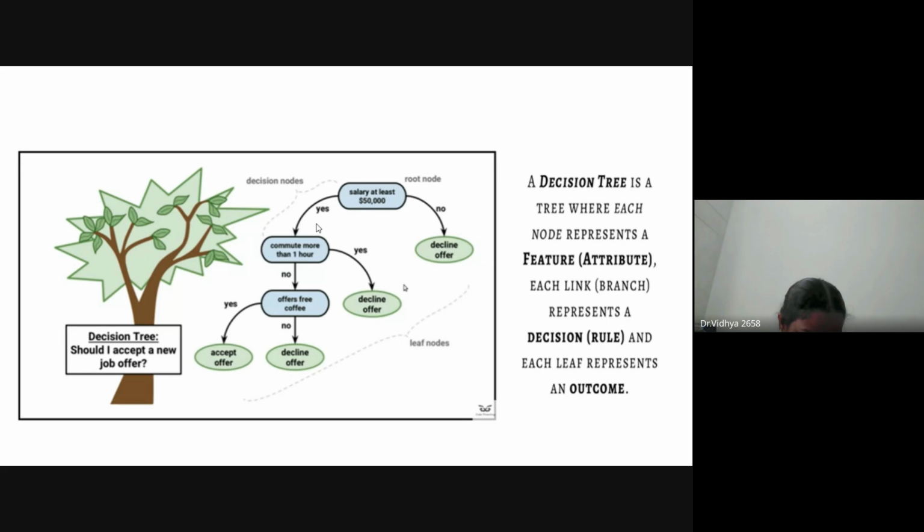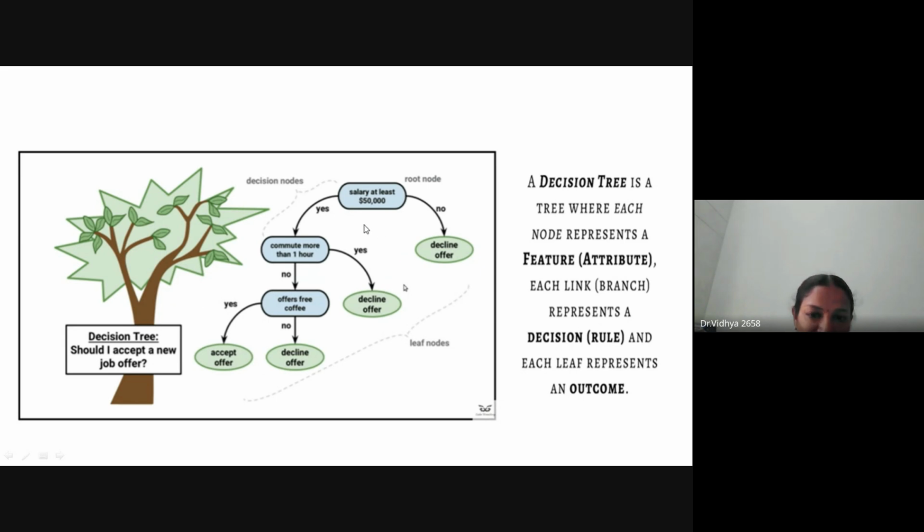Decision is based on the rule, and based on the decision, we will get some outcome. So feature, decision, and outcome. Feature is the attribute here, each branch is the decision rule, and each leaf is the outcome. This is what is denoted in this diagram.